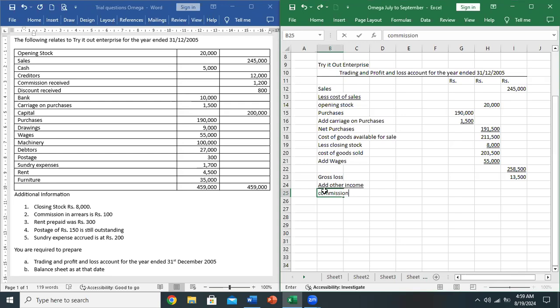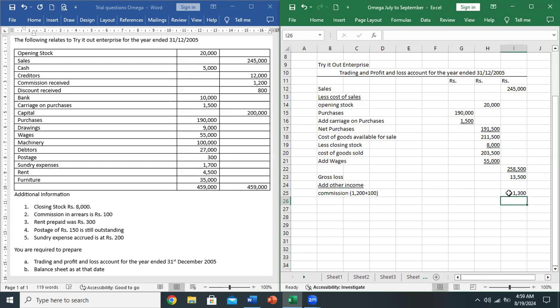Immediately you put in that commission, you have to tell us that the commission we received is 1,200. However, additional information is telling us that there are some arrears. And we all agree that for arrears or owings, we add. So you add it to give you a total of 1,300.